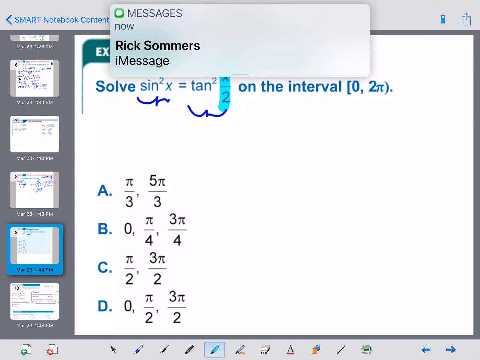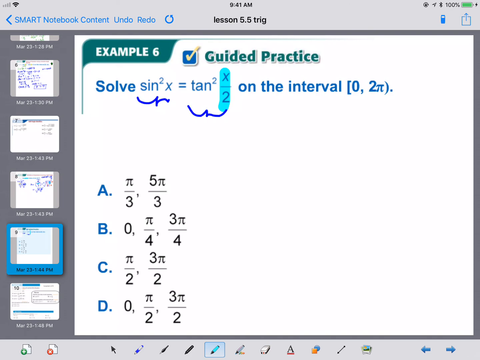If we look at our half angle formulas, we have 3 different versions for tangent. I am going to choose the formula that contains just one trig function and only one trig function, and that would be the cosine formula.